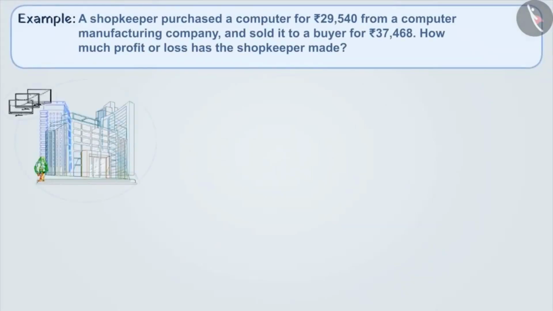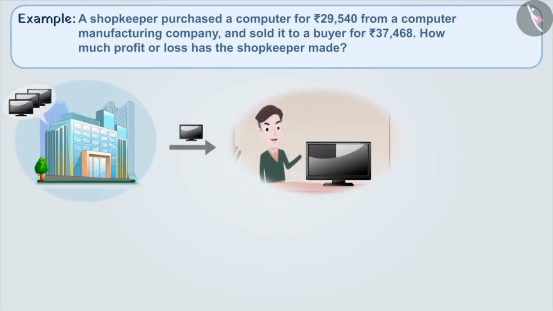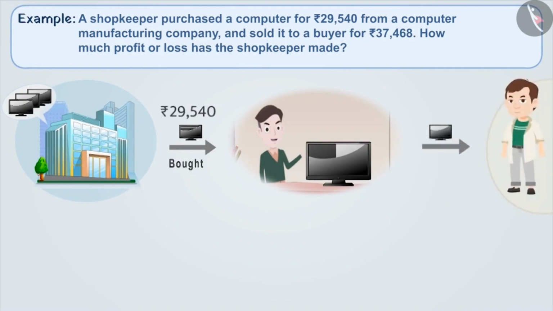From a computer manufacturing company, a shopkeeper purchased a computer for Rs 29,540 and sold it to a buyer for rupees 37,468. How much profit or loss is made by the shopkeeper? Since the shopkeeper has purchased the computer for rupees 29,540, this is his cost price.